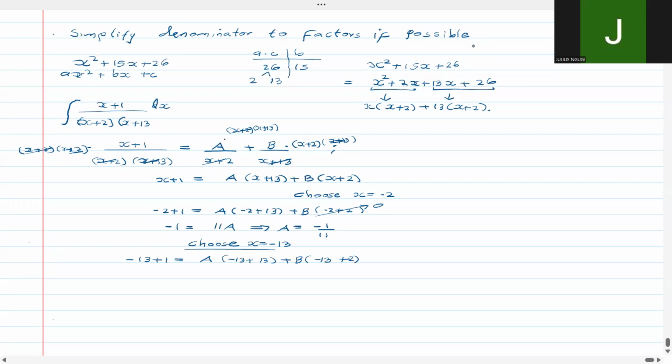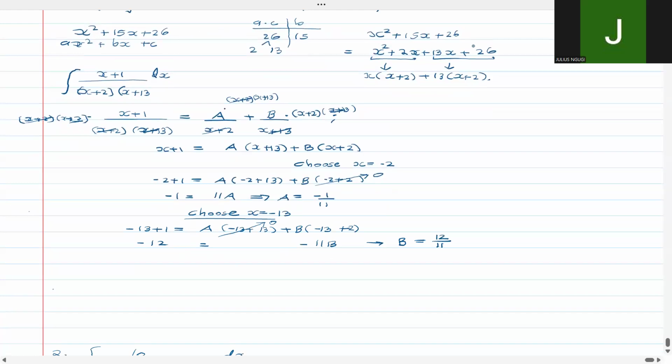The part with A goes to 0, and this one becomes minus 11B. On the right-hand side, we get minus 12. If you divide by minus 11 on both sides, you get B equals 12 over 11. So now you have the coefficients A and B.